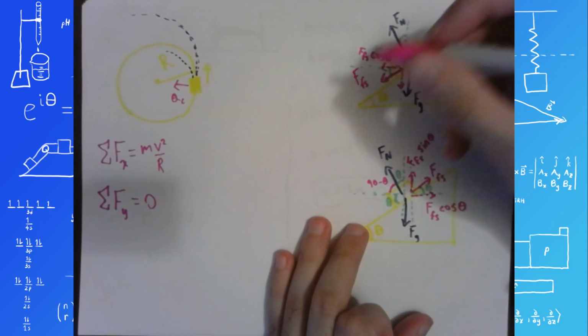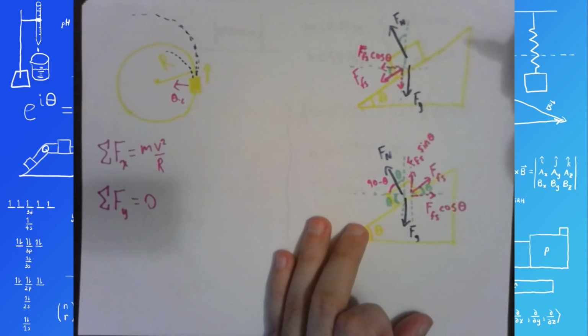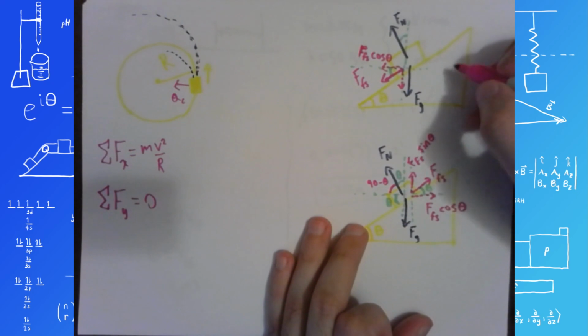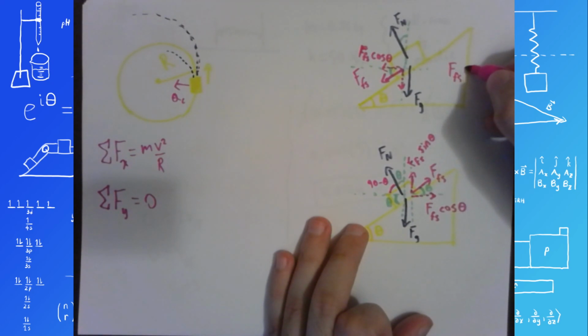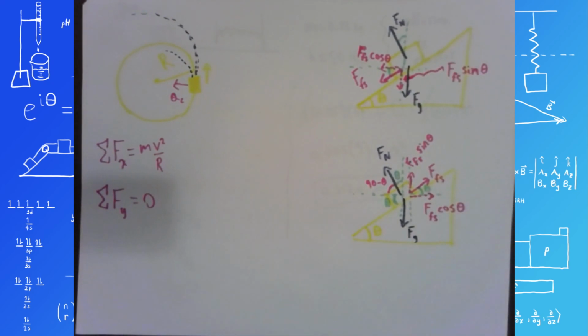Should have gone with a bigger diagram or found a better place to write it all. I guess I'll write it over here and just point to it. Force of friction static sine of theta. There's that vector right there. Not the cleanest looking diagram, but it'll have to do.